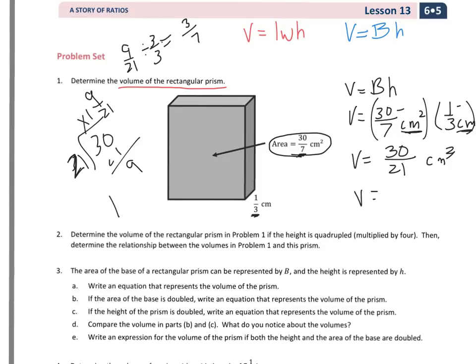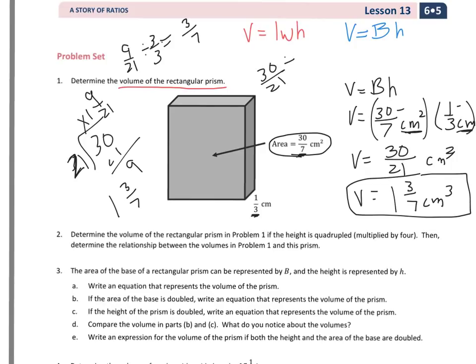So really I'm going to end up with 1 and 3/7. So 1 and 3/7 centimeters cubed. Now if I wanted to just take that 30/21, I could then divide it by 3 over 3 and get 10/7. So it could be that, or it could be 10/7 centimeters cubed. Either way, I want to simplify the fraction down, or I want to turn it into a mixed number. I don't want to just leave it as 30 over 21, although that is an equivalent fraction.